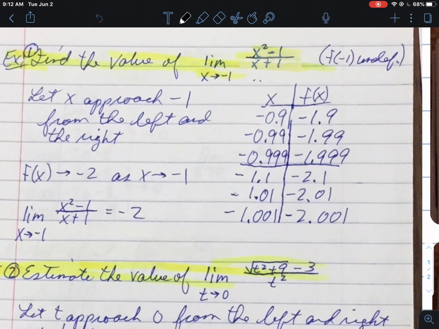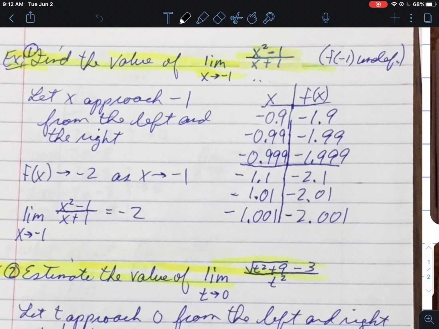And notice in this case, right, -1 is not in the domain of that function. If I plug -1 into that function, I have an undefined fraction. So f of -1 is undefined in this case. But again, like we said, we don't really care whether it's defined or not. We're interested in what happens as we approach that point, as x approaches -1.